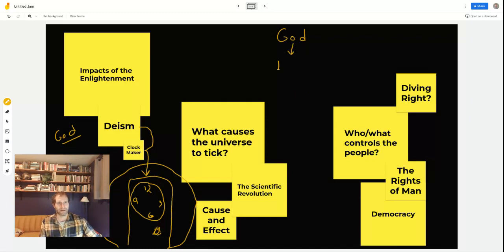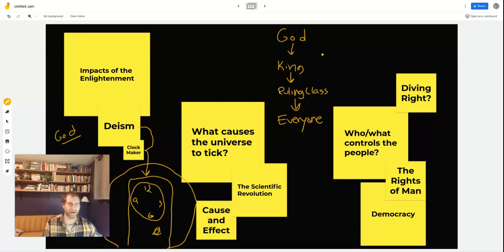And then below God, we have a king. And then below the king, we have a small ruling class of dukes and barons and nobles. So we'll call them the ruling class. And then below them, we have everyone else.